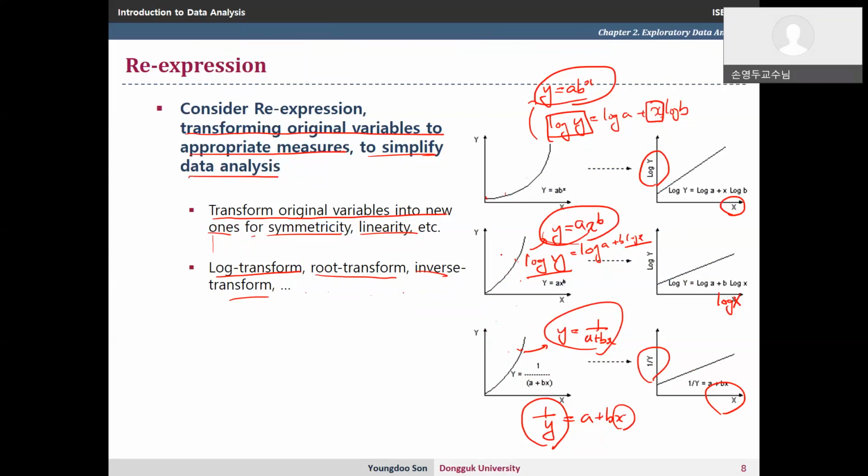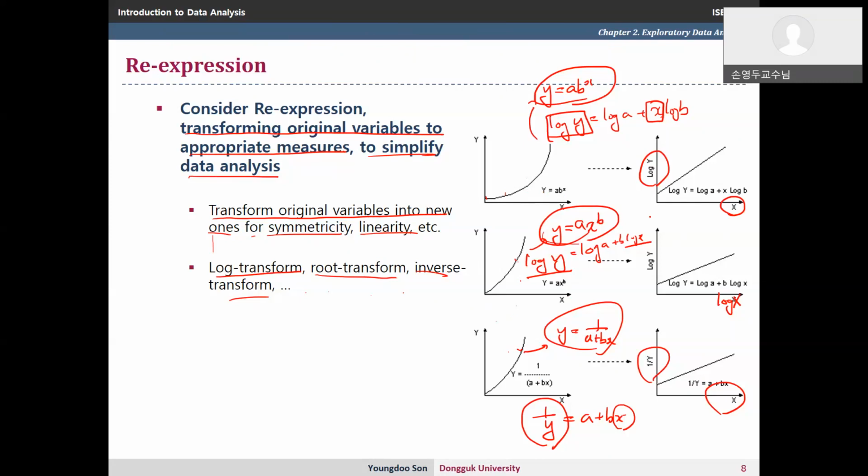If you see the example on the right side, we have 3 curved graphs. The first graph is y equals a b to the x, the second graph is y equals a x to the b, and the third one is y equals 1 over a plus bx. If we do not have the equations here, it's somewhat difficult to match the equation to the corresponding graph.